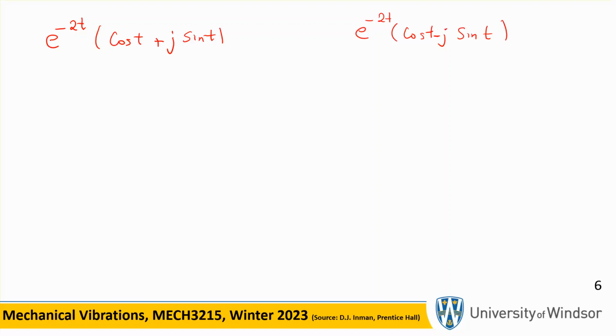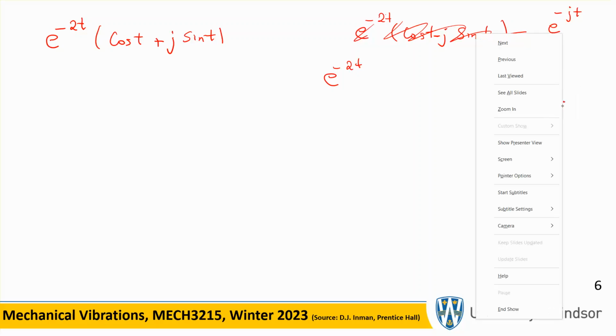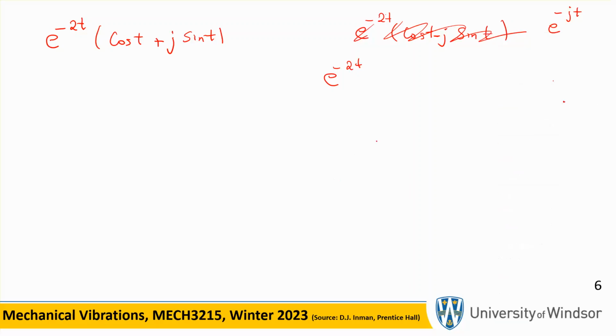Let me actually be a little bit more careful here. It's not wrong, but I'm going to write it the long way for you. So it's going to be e to the minus 2t. Now remember, it was multiplied by e to the minus jt. So if you're going to use that formula, instead of theta, use minus t. So it's going to be cosine of minus t plus j sine of minus t.